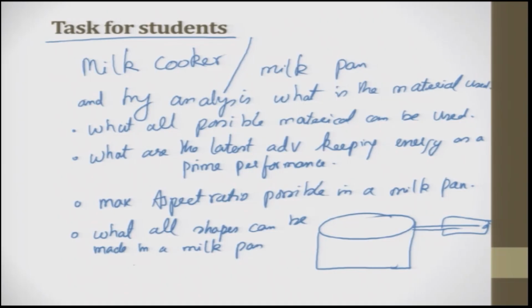That means to say whether circular, square, rectangle, oblong, etc. You are supposed to do this assignment, and when you do it you will try to understand the big spectrum of materials which are available, how you choose, and what all choices you can make.